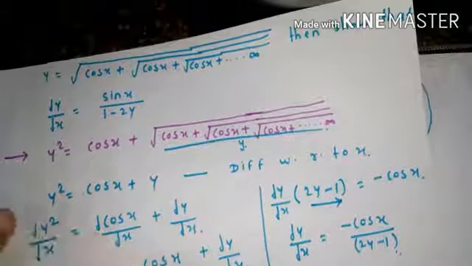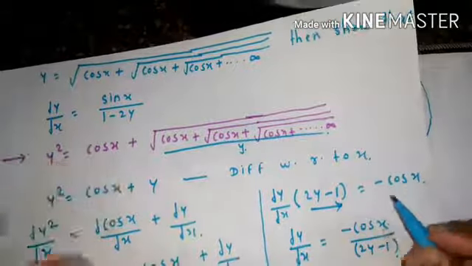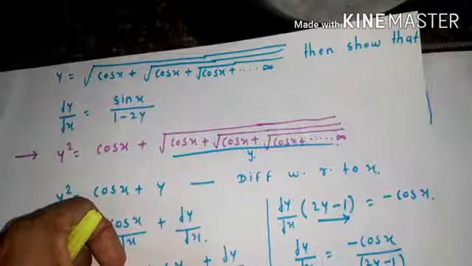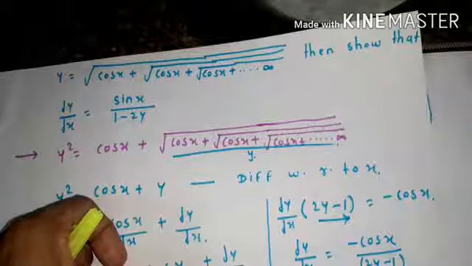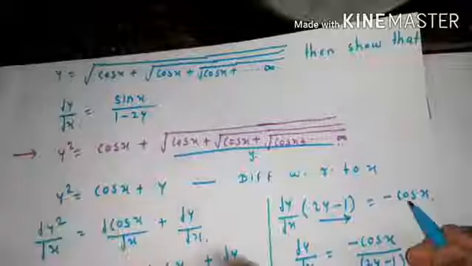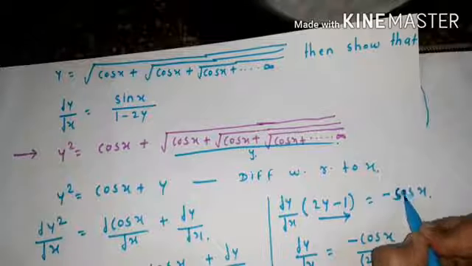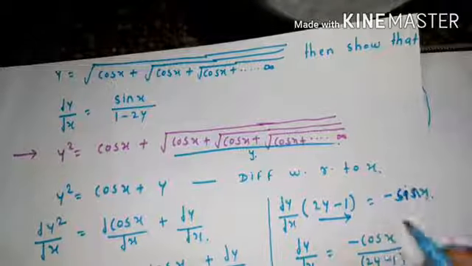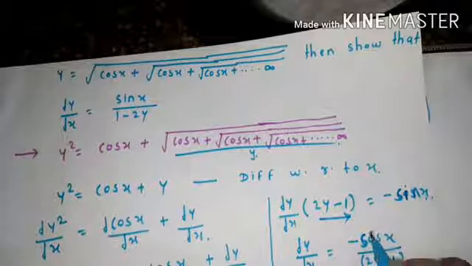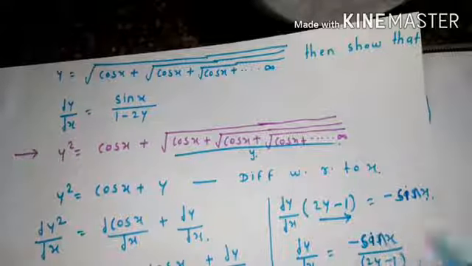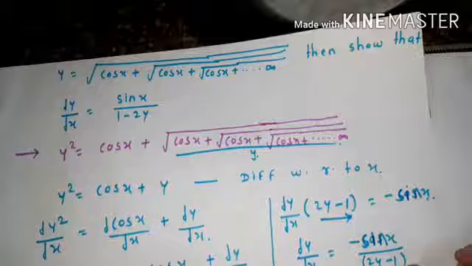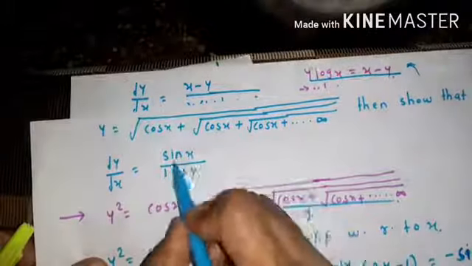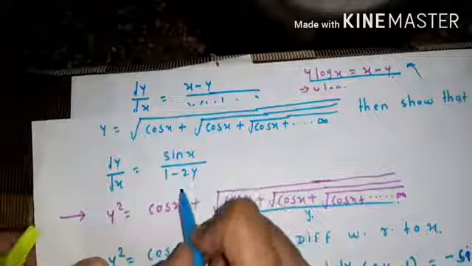But the differentiation of cos x is minus sin x. Sorry, please correct this here, students: the differentiation of cos x is minus sin x. But we have to prove sin x upon 1 minus 2y.